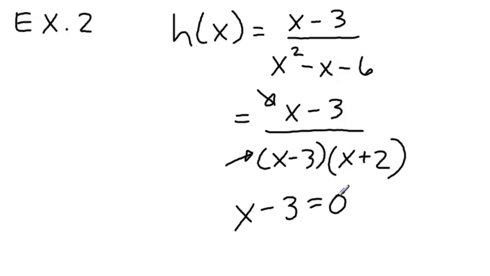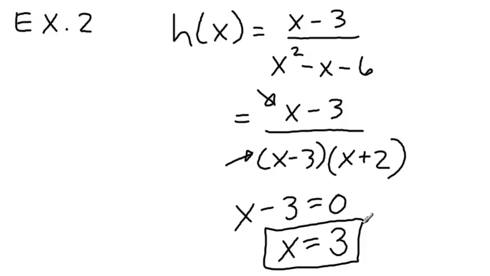We take x minus 3, set it equal to 0. We'll add 3 to both sides. There is a hole at x equals 3. I'm not going to go on to graph that and show you. You can refer back to the last example to see that, because whenever this question will be asked of me on the quiz or the exam, I will be looking for, where is the hole located? At what x value?